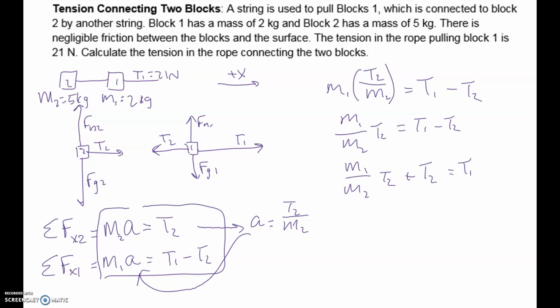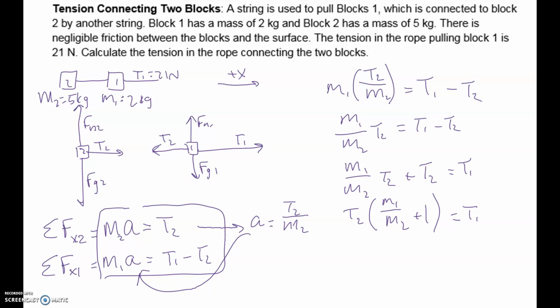Now on my left-hand side, I can factor out t2 from each term. So I have t2 times the quantity of m1 divided by m2 plus 1 is equal to t1. And I can double check that I did that right by multiplying back in to see that I get the same expression I just had.